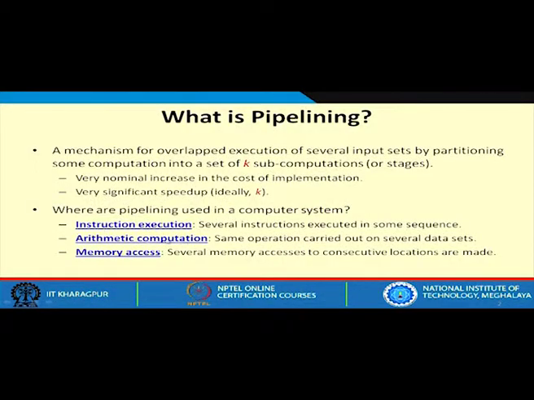Depending on the type of instruction, you do the appropriate actions or operations to complete the execution. Now, the idea is that when an instruction is being decoded and executed, why not fetch the next instruction and try to decode it at the same time. This is what I mean by overlapped execution. This is what is there for instruction pipelining.